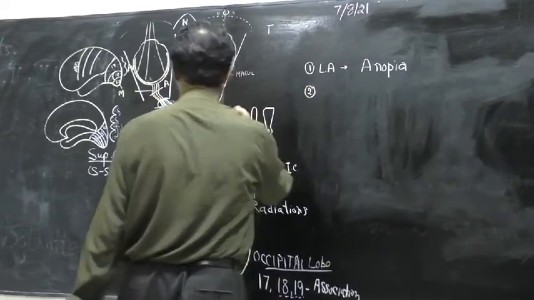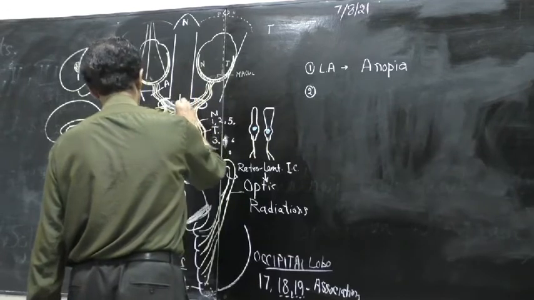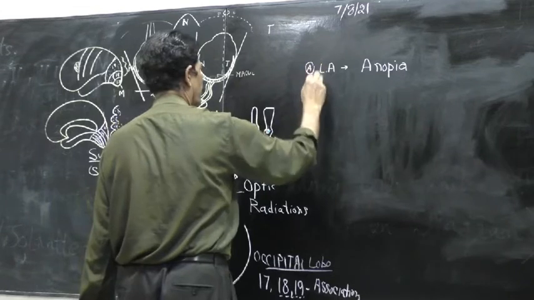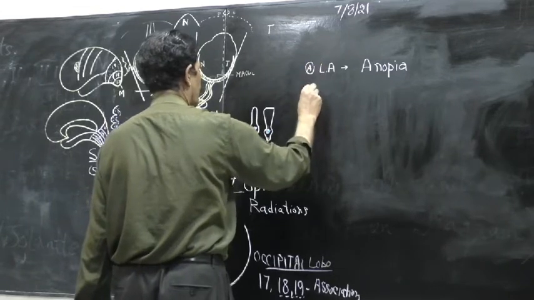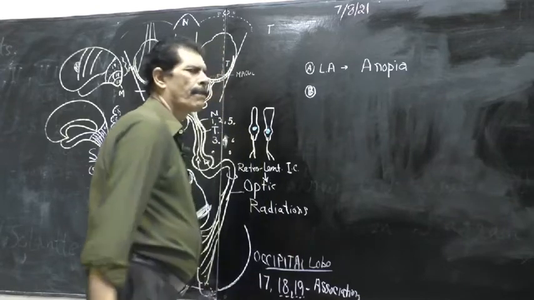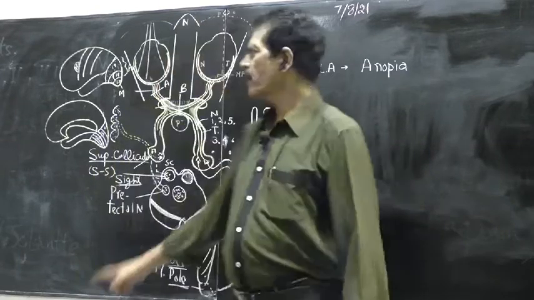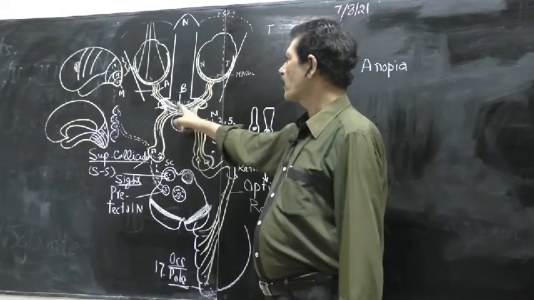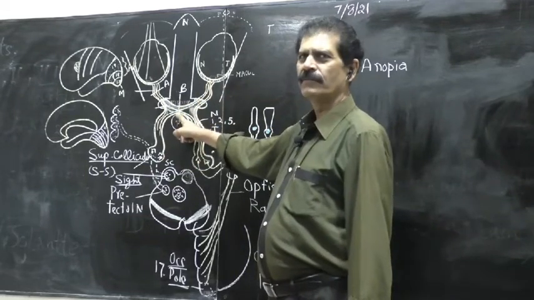Number 2 injury is at the level of B. This is A, this is B. Level injury of B is when the optic chiasma is cut. See, when the optic chiasma is cut, only the nasal vision is damaged.